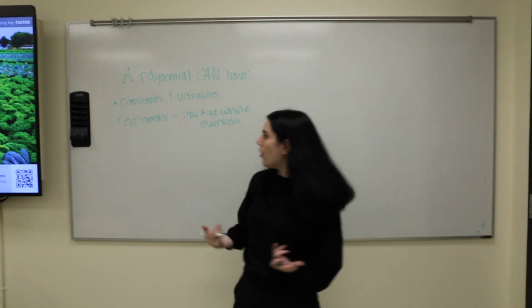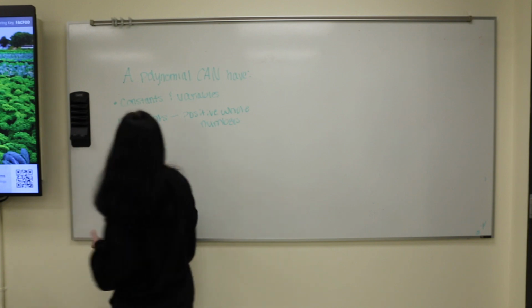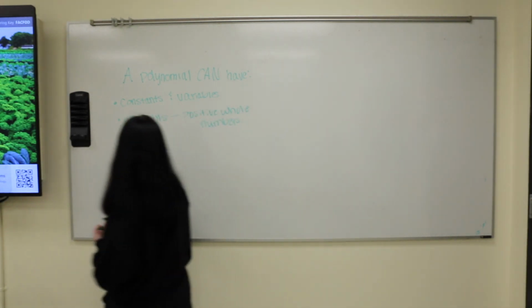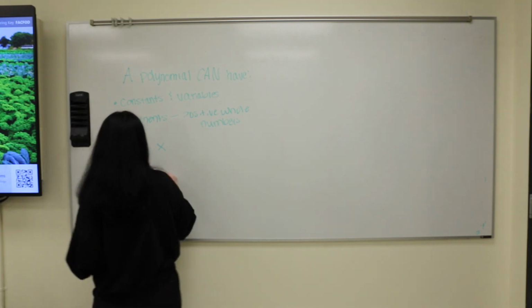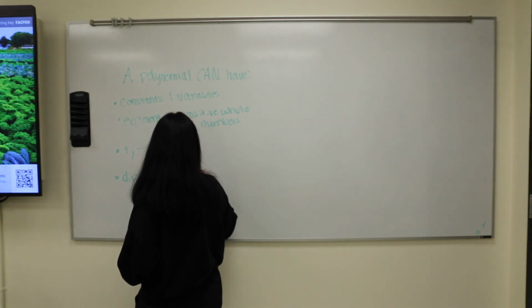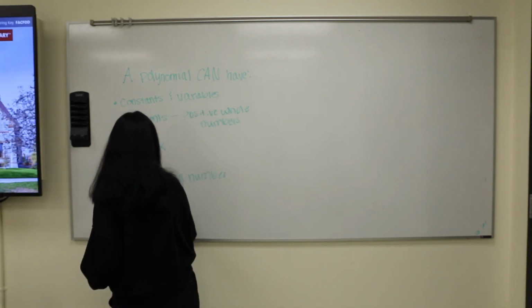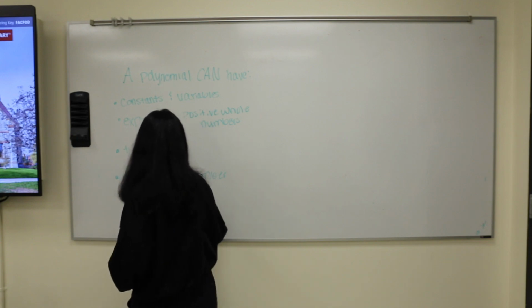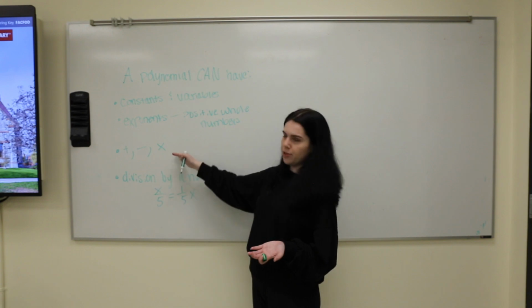A polynomial can also have addition, subtraction, and multiplication. And then lastly, a polynomial can have division by a number. So that means we could have something like x divided by 5, which is the same thing as 1/5 times x. So this technically can also be thought of as multiplication.